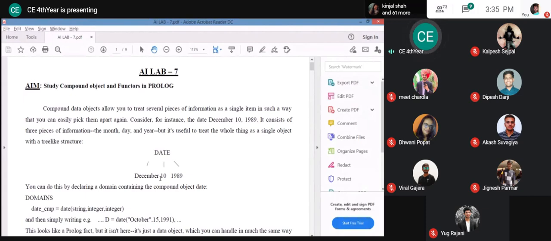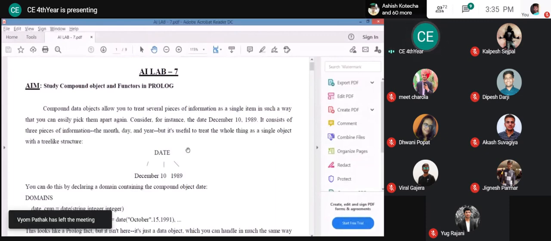Here it is given as month, day, and year, so it consists of three pieces of information. But it is useful to treat the whole thing as a single object. So instead of writing these three individually, you write the whole thing as a single object, that is a date object.